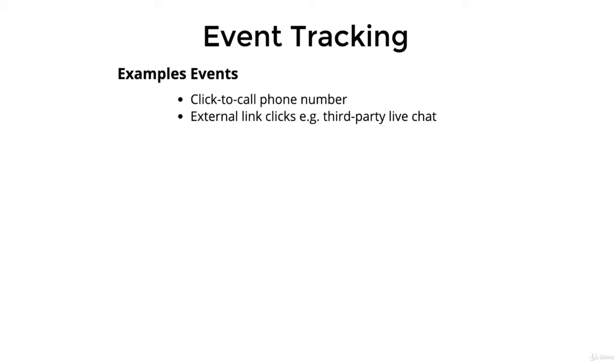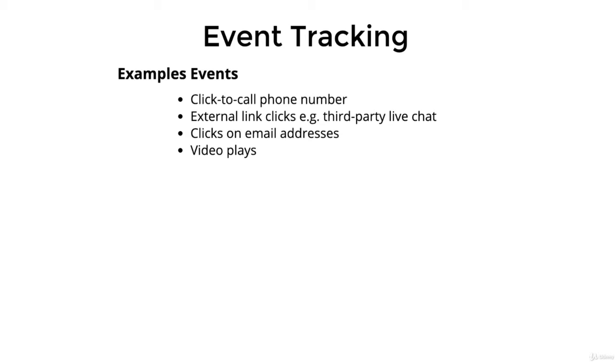Again, we can't track this because it's not like they're going to another page on our website, and obviously we don't have our Google Analytics installed on this third-party tool. So that's another example. Clicks on email addresses, similarly, it's just going to open up in your email client.